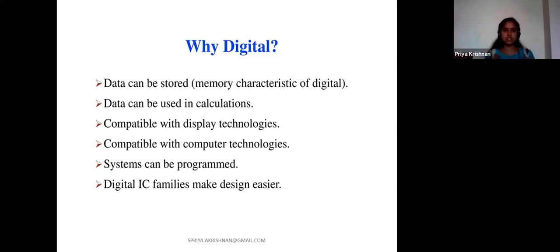Whenever we save something to our pen drive or phone, we are saving it in digital form. Once digital comes to mind, it is again ones and zeros. Whenever you think about digital, you should think of ones and zeros.